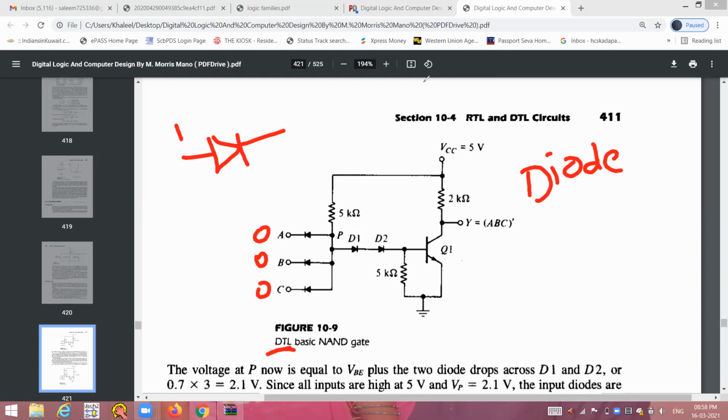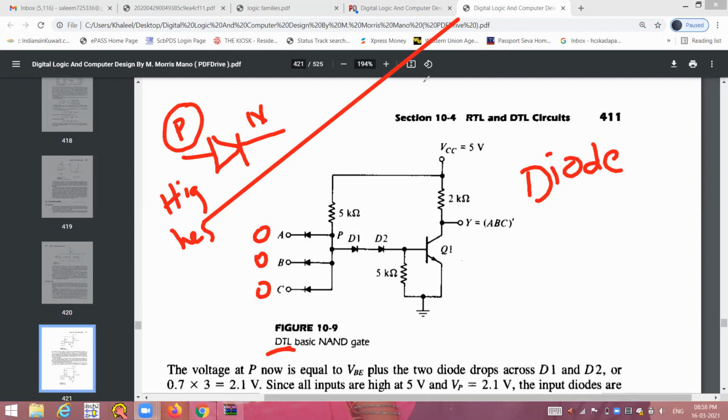Now we know that this is P, this is N. Whenever the P side has the highest polarity and the N side the lowest polarity, then the diode will be in on position, therefore it will act as an on switch. Similarly in this operation, if all are zeros, then at the P side there is the highest polarity, therefore the entire thing will go like this.